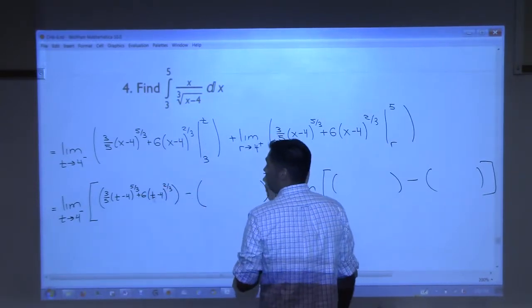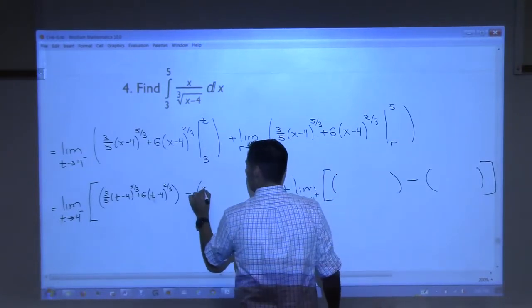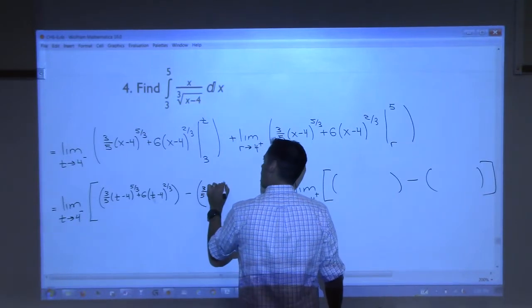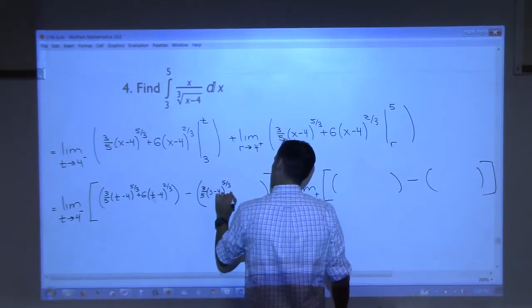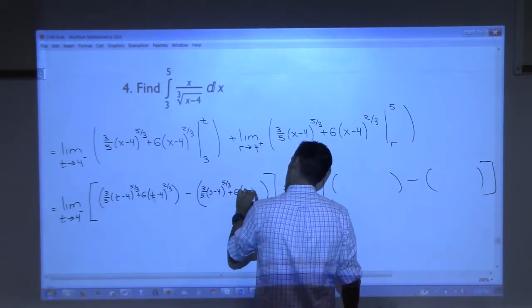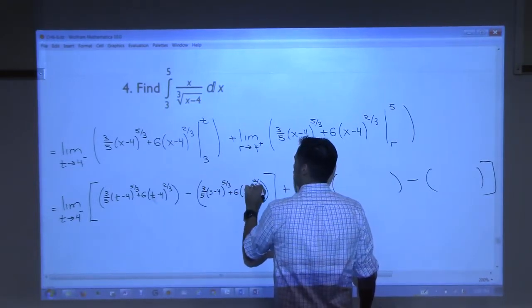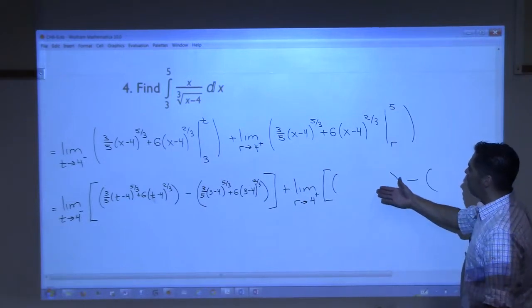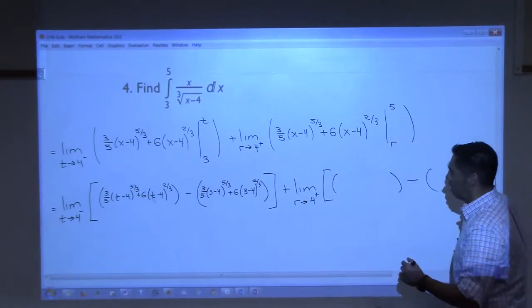Then we replace all of our x's with 3's. Then on this one, we replace all of our x's with 5, and then all of our x's with r.